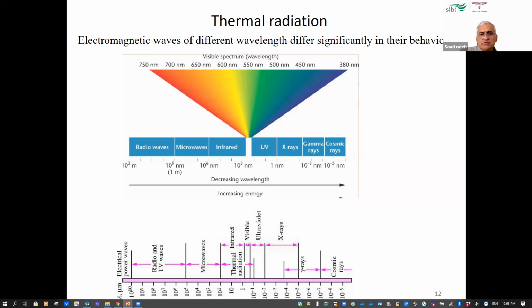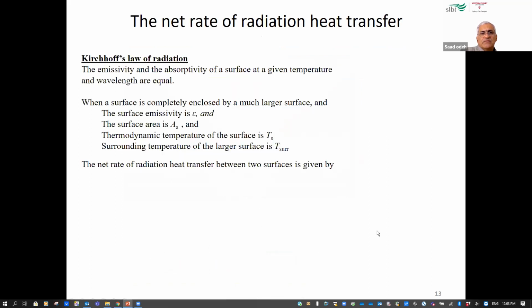Okay, but again, we don't have to go into details. The only thing that you need to know is Kirchhoff's law of radiation that we mentioned before. In Kirchhoff's law of radiation, the emissivity and absorptivity of a surface at a given temperature and wavelength are equal.